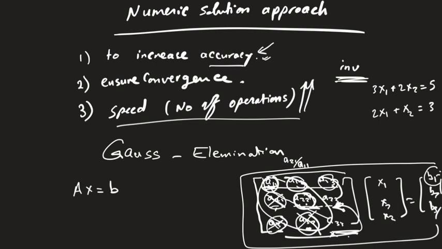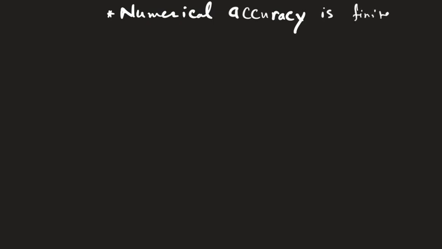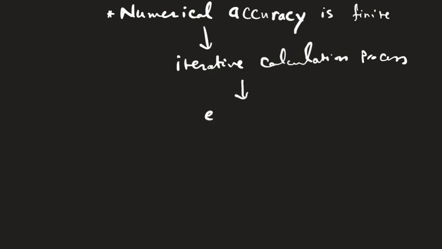that I was trying to look for the term for, and I will find it from the book right now. But up to the level that, now we have the issue of numerical accuracy being finite, which means that if we go through an iterative calculation process, you end up with error accumulation.